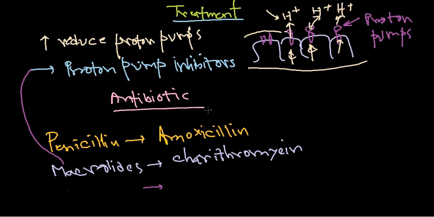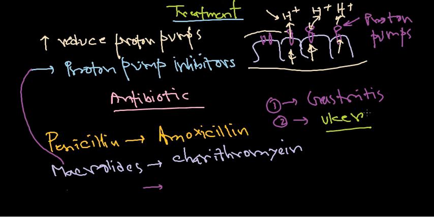This is very important, because the infection usually caused by Helicobacter pylori is of two different types. One is gastritis. Let's say gastritis, this is the first kind. And the second kind of disease symptom that they cause is ulcer, right?